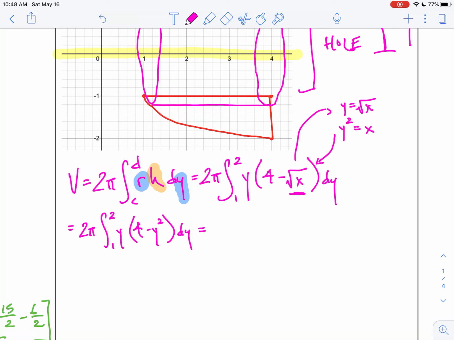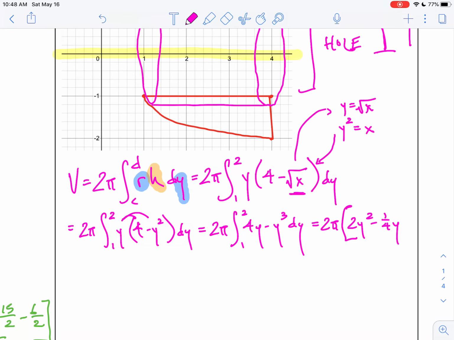We're going to go ahead and distribute this y, so we'll get 2 pi, the integral from 1 to 2 of 4y minus y cubed dy. And now we're going to take our integral. So we get 2y squared minus 1/4 y to the 4th, and I'm going to plug in 2, and I'm going to plug in 1.